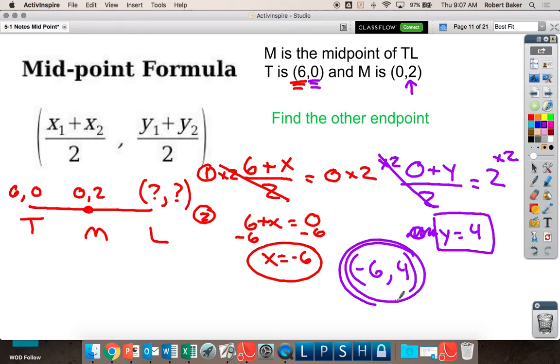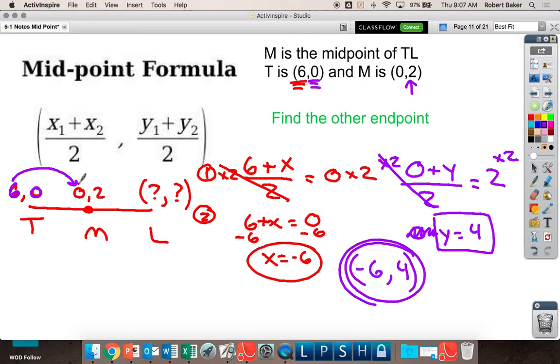Okay, I guarantee you that no one has a solid grasp on that concept right now, right? You're like, what just happened? So, option 2. How did I get from 6 to 0? Minus 6.